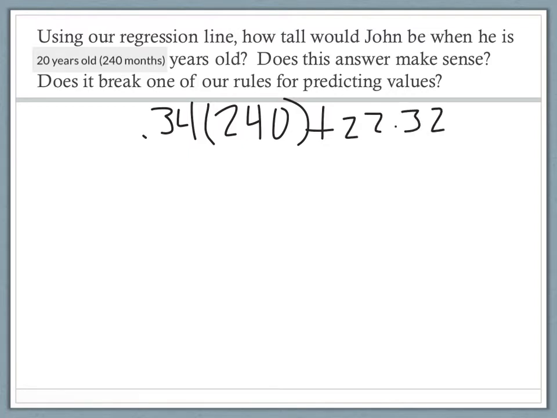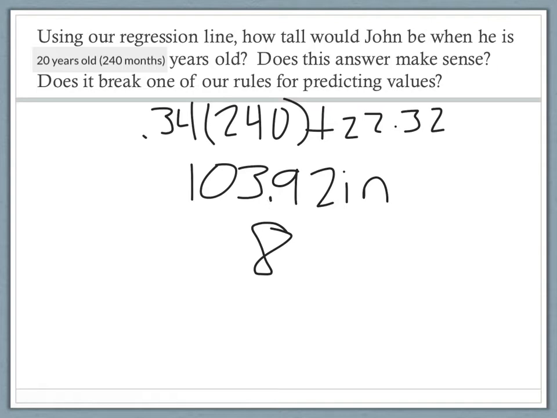When I do that in my calculator, my answer ended up being 103.992 inches. Now let's think about that real quick. There are 12 inches in a foot, so if I divide that by 12, that means John was about 8 foot and then some, so 8.66 feet.